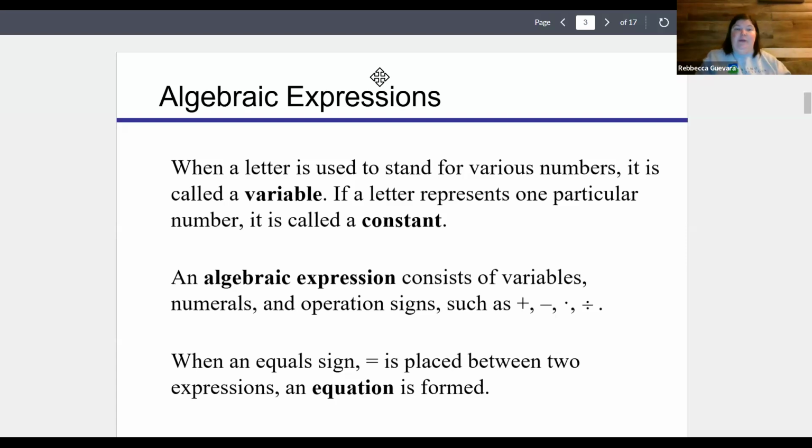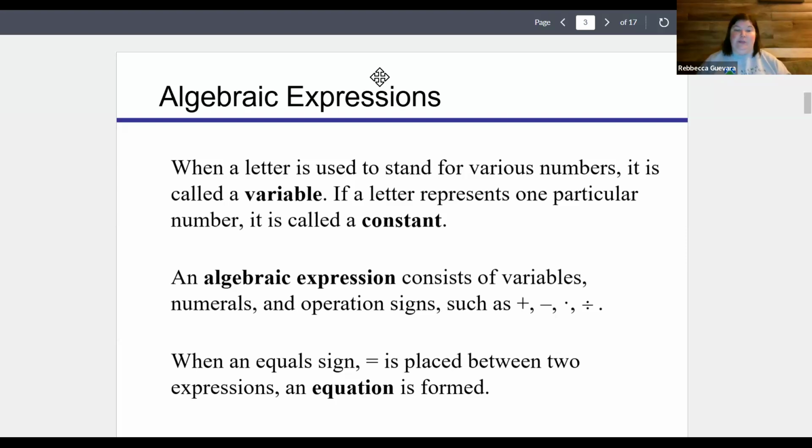If a letter stands in for only one number, then it's called a constant. So if it's a number that we know changes, then it's a variable. If we know it has to be something in particular, we call it a constant.